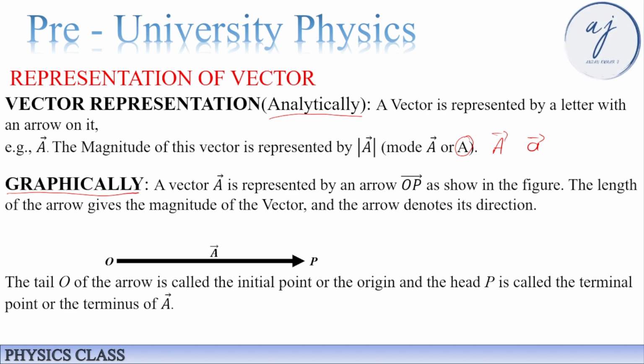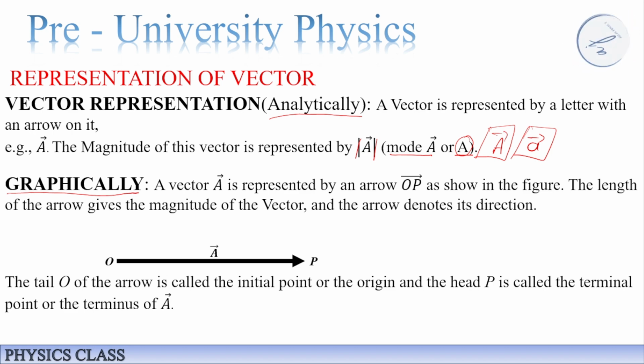A capital letter or a small letter which has an arrow on it can be represented as a vector. In order to calculate the magnitude of such vectors, we take the mod of the vector, which is sandwiched between two parallel lines. It's called the mod of vector A, or simply A.